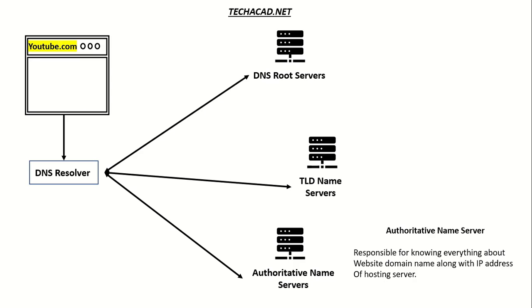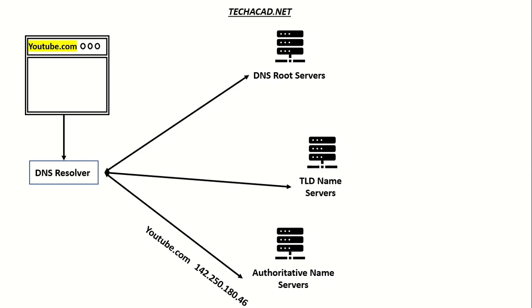So the authoritative name server will respond to the DNS resolver with the IP address of youtube.com. And once the DNS resolver receives the IP address for youtube.com, it will forward the response to the client with the IP address of youtube.com.